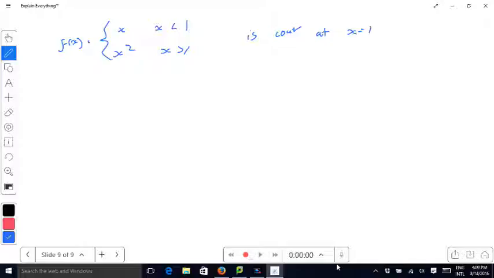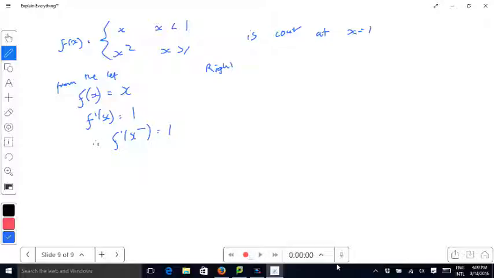Again, as I said from the past slide, f of x from the left is going to be x, so the derivative of x from the left is 1. Therefore f dash of x from the left is equal to 1.